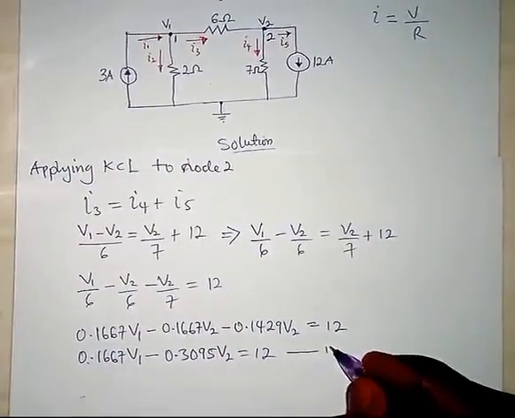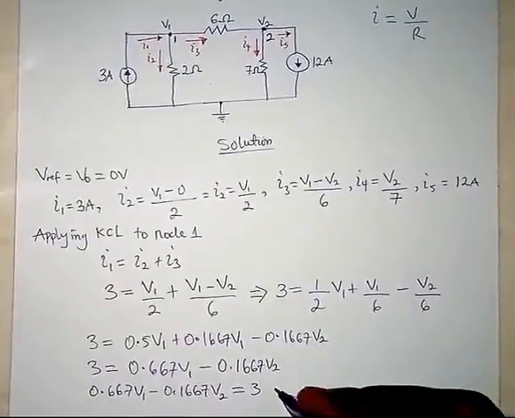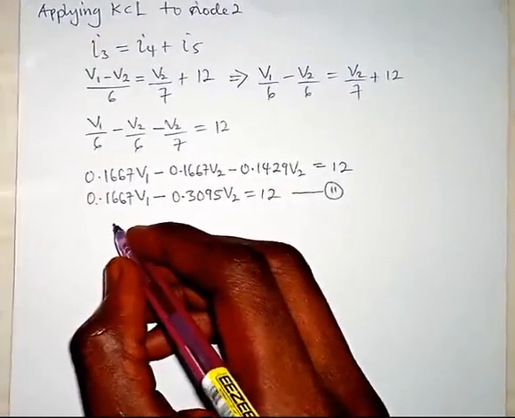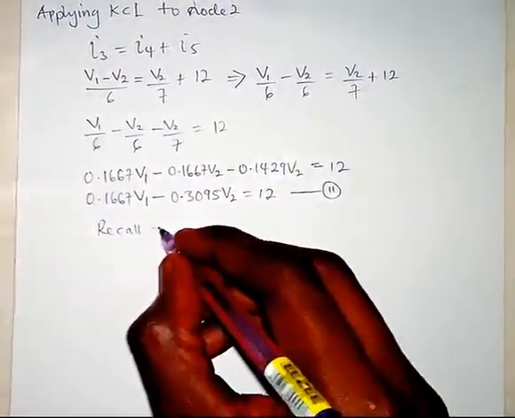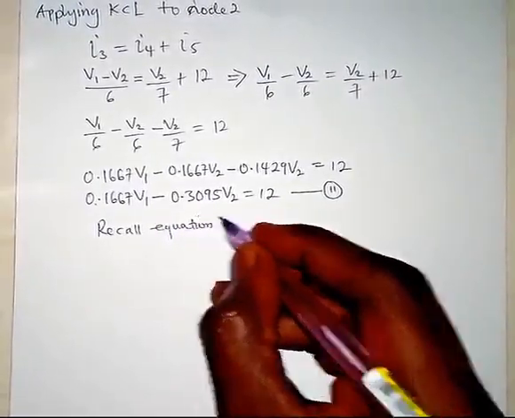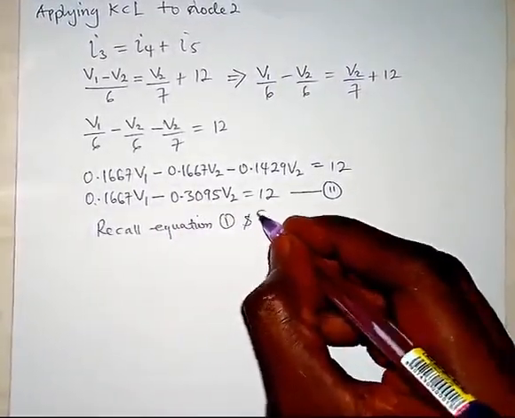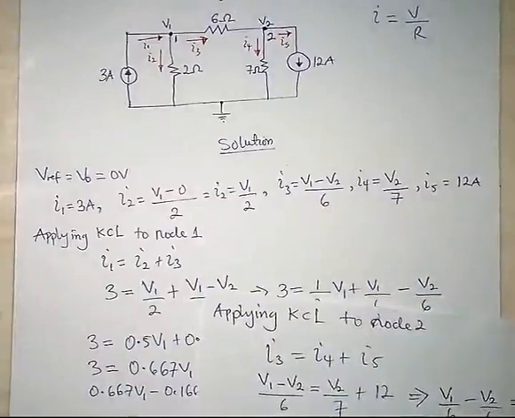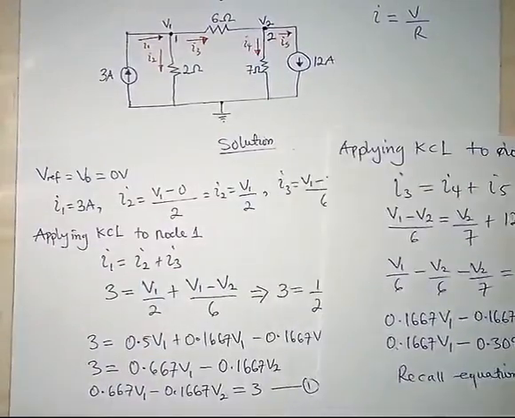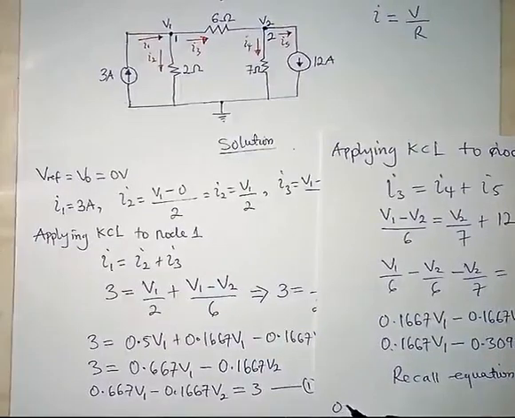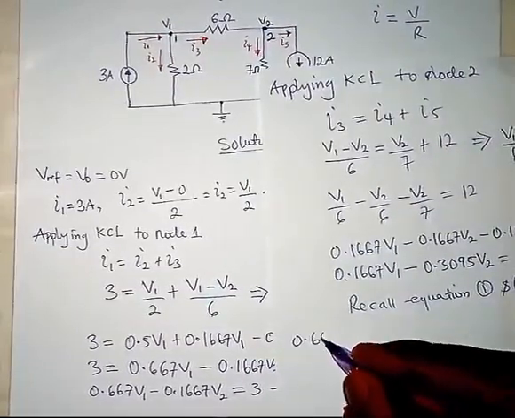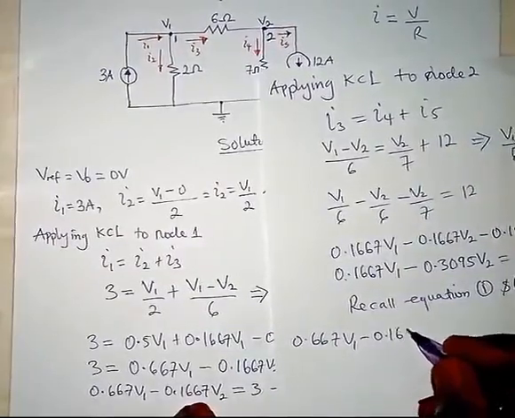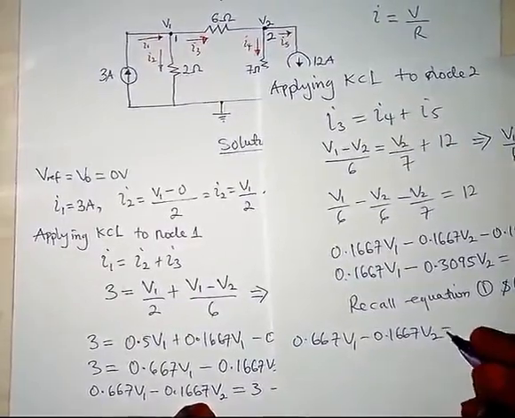Call this equation 2. This was your equation 1. Now recall equation 1 and 2. Equation 1 is given by 0.667 V1 minus 0.1667 V2 equals 3.